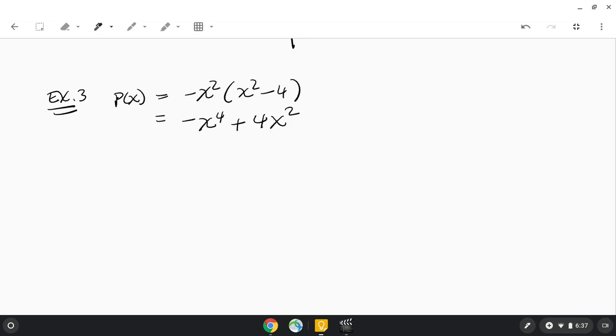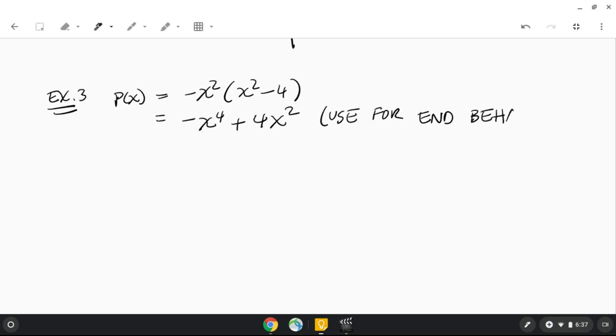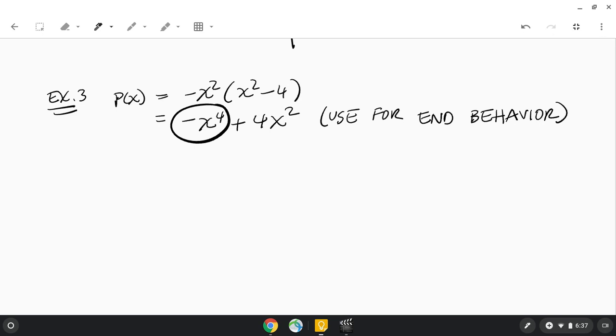So this is the one we'll use for end behavior. We like it to be multiplied out completely so that we can see that leading term right over here. So again, we only use the leading term for end behavior.